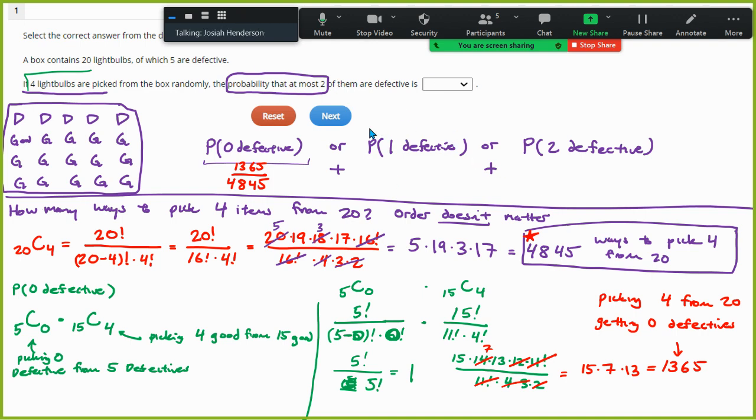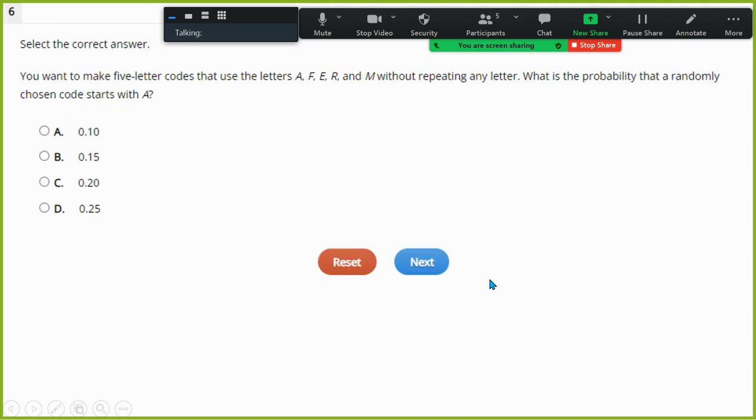So next up, we got to find this middle probability of getting 1 defective. Probability of picking 4 things and getting 1 defective.